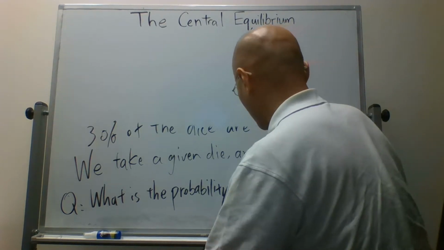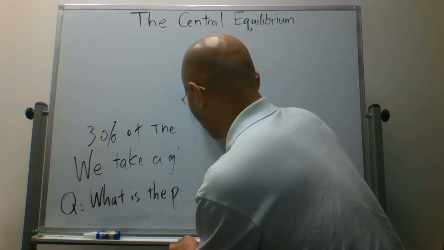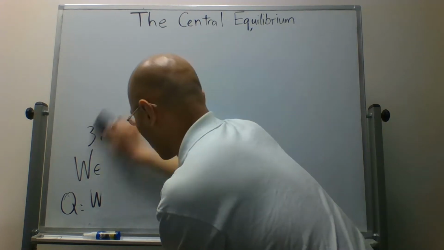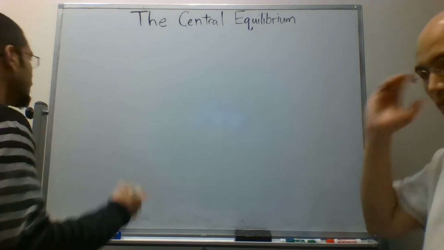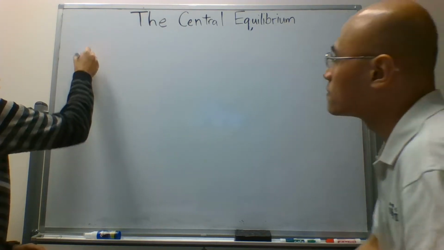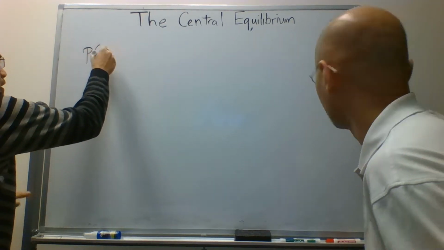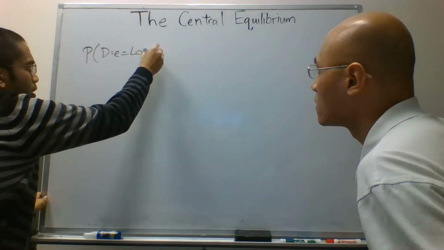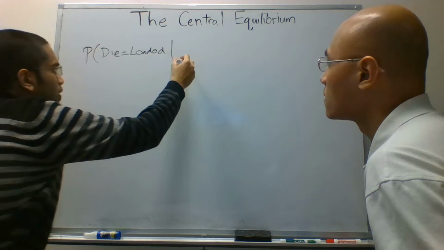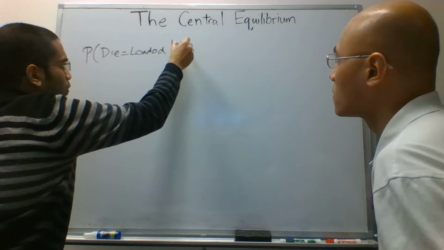So Arnab, why don't you set up this problem in terms of Bayes' theorem for us? What is the probability of the die being loaded given that we rolled a 6?